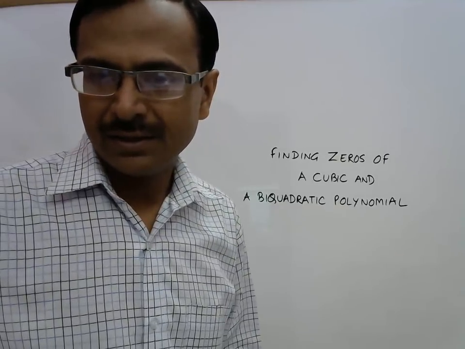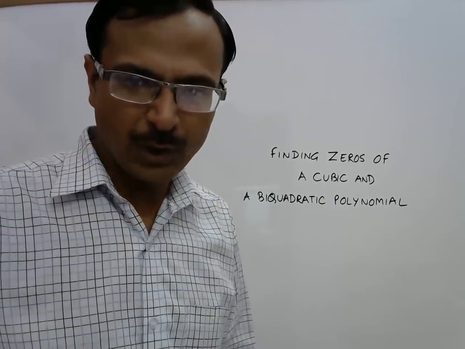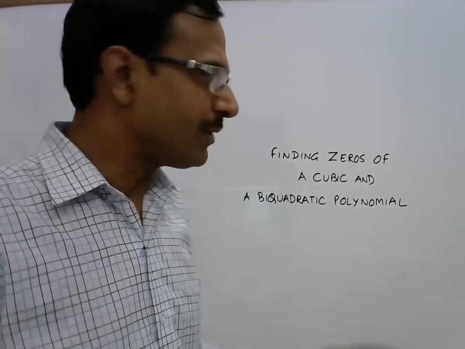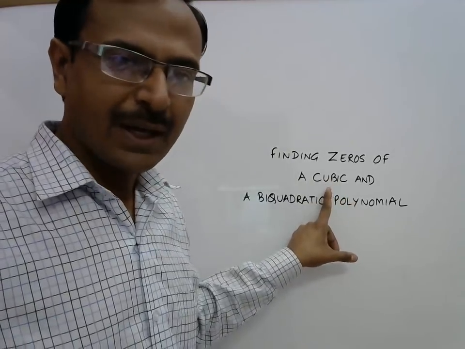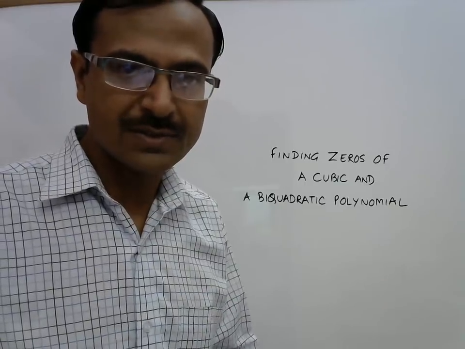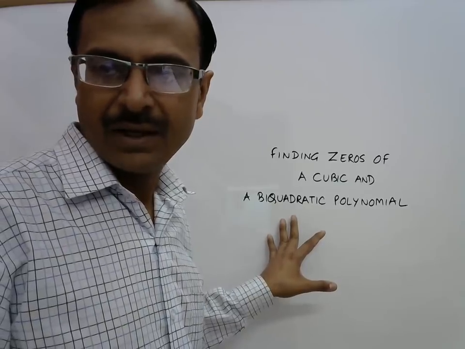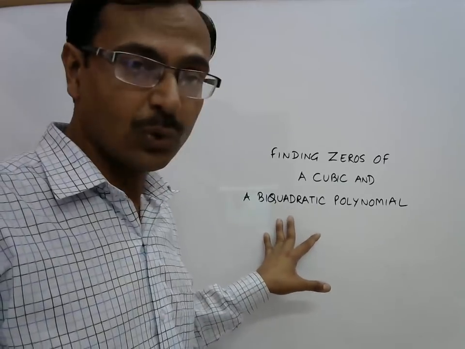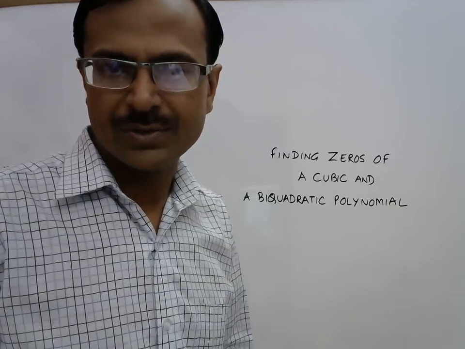The number of zeros of any polynomial is always equal to its degree. So a cubic polynomial has degree 3, so it has 3 zeros. And a biquadratic polynomial has degree 4, so it has 4 zeros.